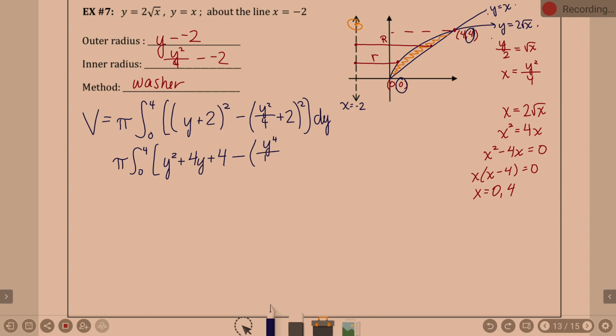Then y squared over 4 times 2: that 2 over 4 becomes 1/2. You're going to end up with 1/2 y squared plus 1/2 y squared, which is just y squared. And then last, plus 4.